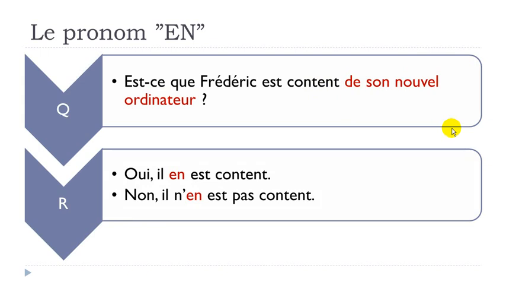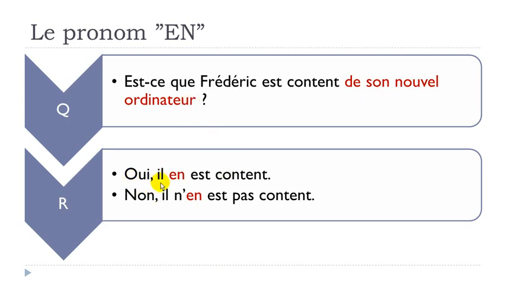You could answer, I mean, you could make a long answer reusing every object or everything in the question, but then in that case we'll try to go a bit faster, and so we don't want, of course, to repeat de son nouvel ordinateur here. Okay, so the concept is that we will use this pronoun en instead.